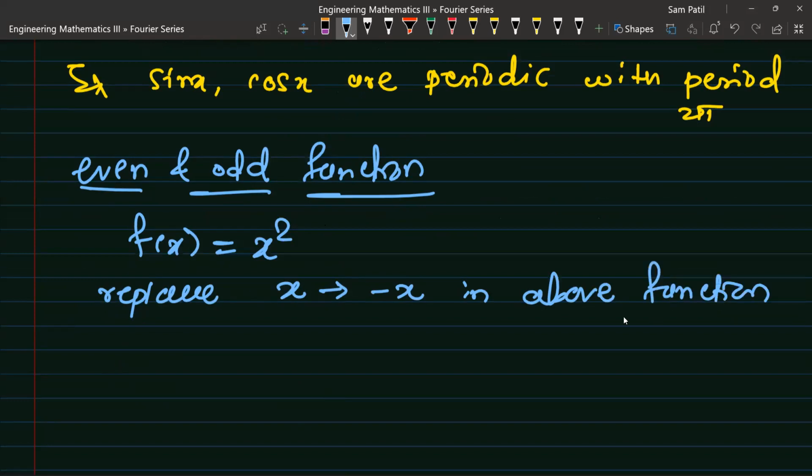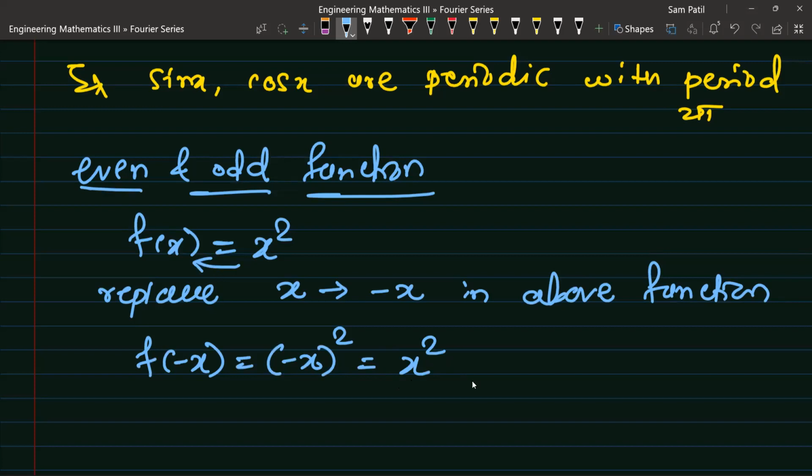What do I get? f(−x) is equal to (−x)², since I am replacing x by minus x. What is (−x)²? It is x², which is nothing but our original function f(x). So f(−x) is the same as f(x). Am I right? Yes, sir. Okay, fine.